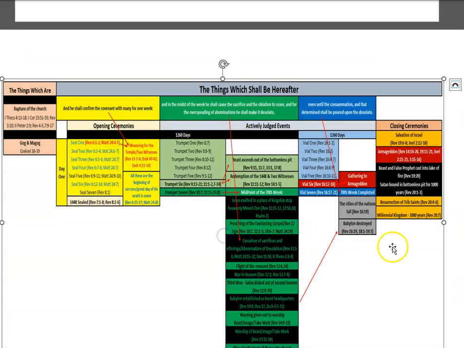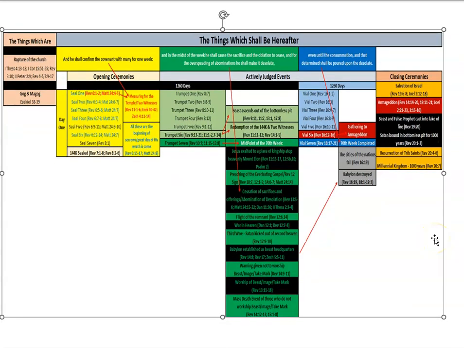But page 2 is my overlay of the book of Revelation with Daniel's 70th week. And this is taking us to the end of the things which are, into the things which shall be hereafter, and giving you a very precise layout of the book of Revelation and what verses correlate to this in other passages.